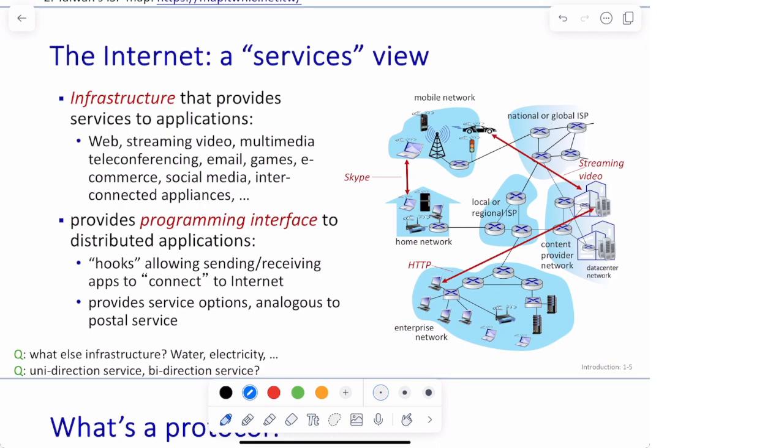So you don't have to understand the underlying technologies, how electricity is built. Another example is water. We don't have to know how water is cleaned. As long as we turn on the tap, the water is ready for you to use, you can cook, you can drink water, you can do whatever you want.